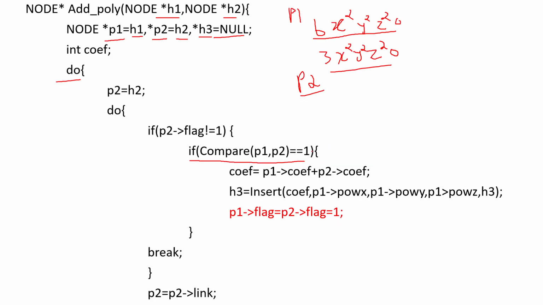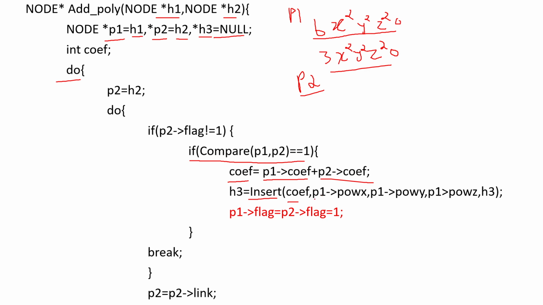If that result is 1, that means terms are same. Then the coefficient of the first one and the coefficient of the second one are added. That is the result. Now you have to use the insert function. We are going to add the new terms, but the data is not from the keyboard. The data is generated by addition. So the coefficient is this one.